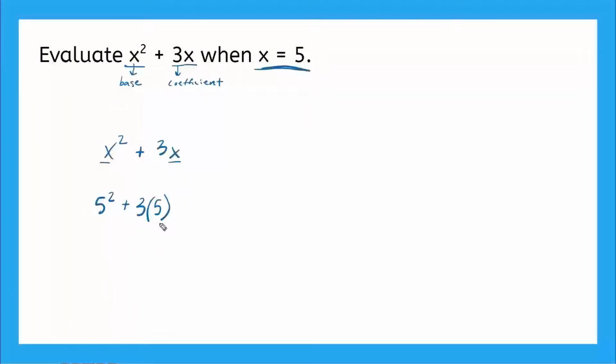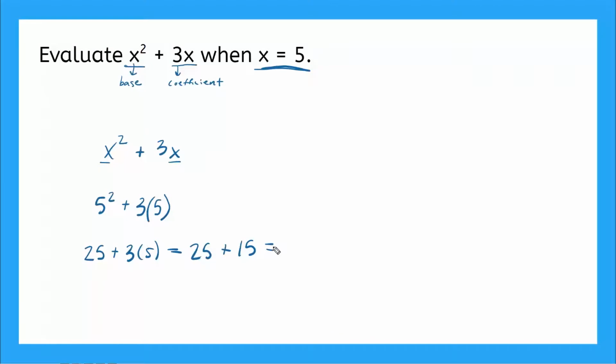Perfect. Now I can go ahead and I can evaluate using order of operations. So first thing, I'm going to do my exponent. 5 squared, remember that, is 5 times 5. So I have 25 plus 3 times 5. Now I'm going to do my multiplication. So I'll have 25 plus 3 times 5 is 15.